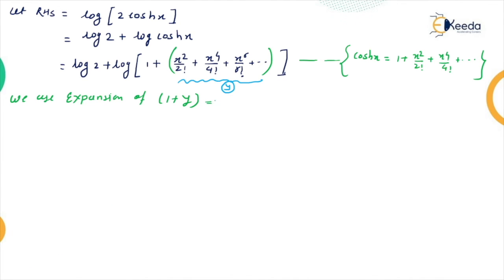So this can be written as y minus y squared divided by 2 plus, so I am writing this now in this way using the expansion of log of 1 plus y directly, guys. The log of 1 plus y expansion, you know, is y minus y squared divided by 2 plus y raised to 4 divided by 4 minus y raised to 6 divided by 6 plus and so on.